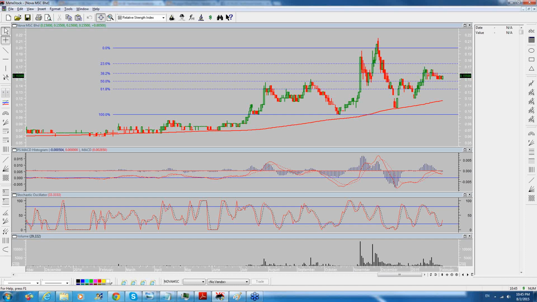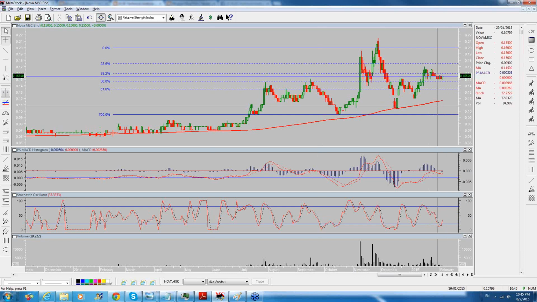You mean it looks like it's going to have a double zigzag, right? You see the double zigzag, right? Immediate resistance is 155, right?